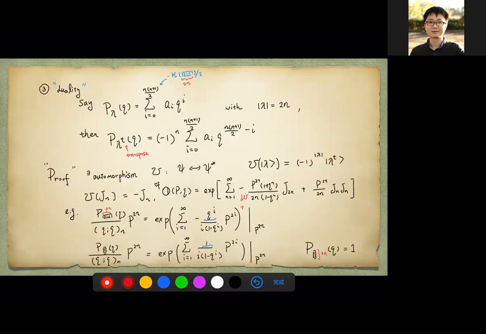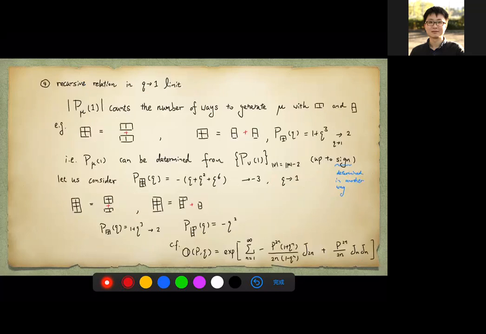Okay, so that's the duality property. It at least allows us to compute only half of the polynomials. We also have a recursive relation in the q goes to 1 limit.